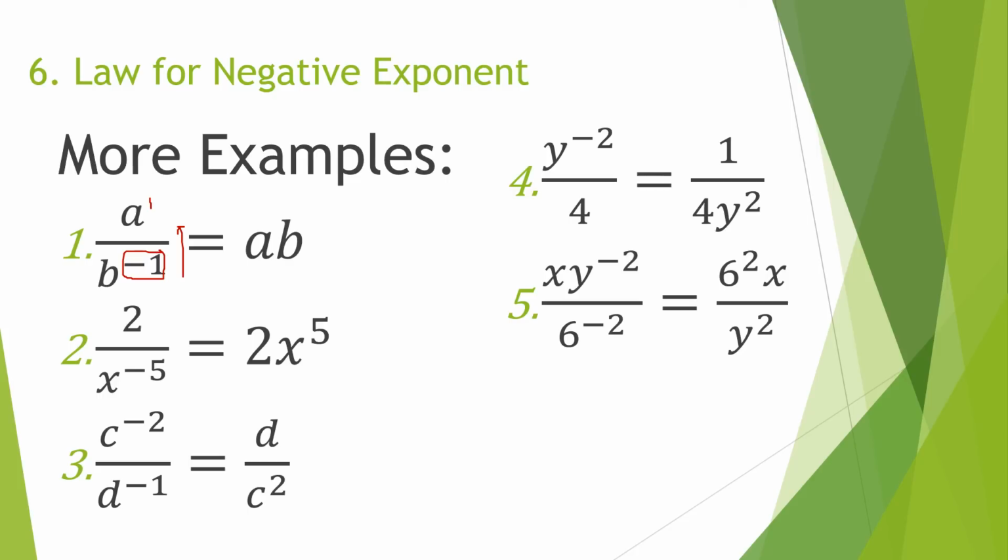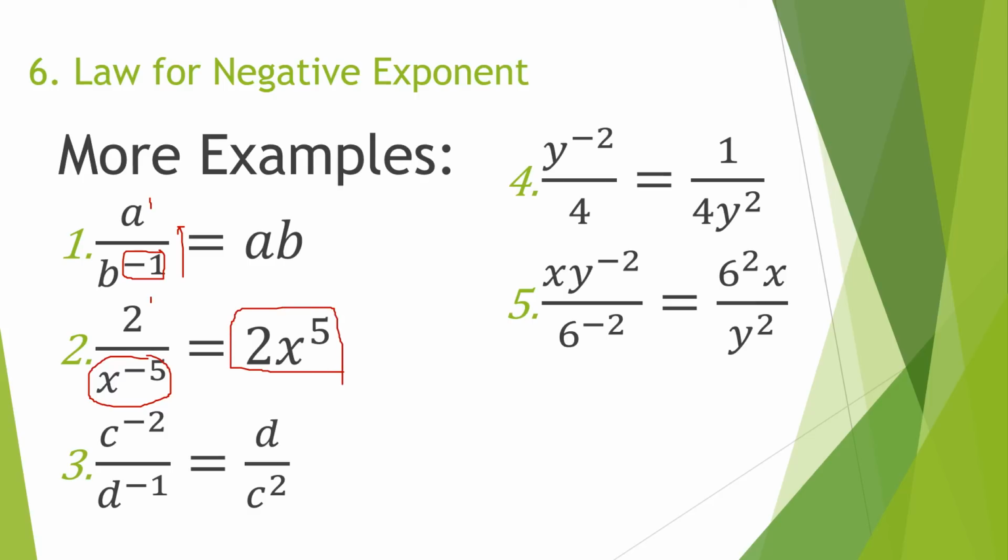For example 2, we have 2 over x raised to negative 5. Since the exponent of 2 is positive, it stays in the numerator. Only x raised to negative 5 will be moved to the numerator. That's why it can be written as 2 times x raised to 5.